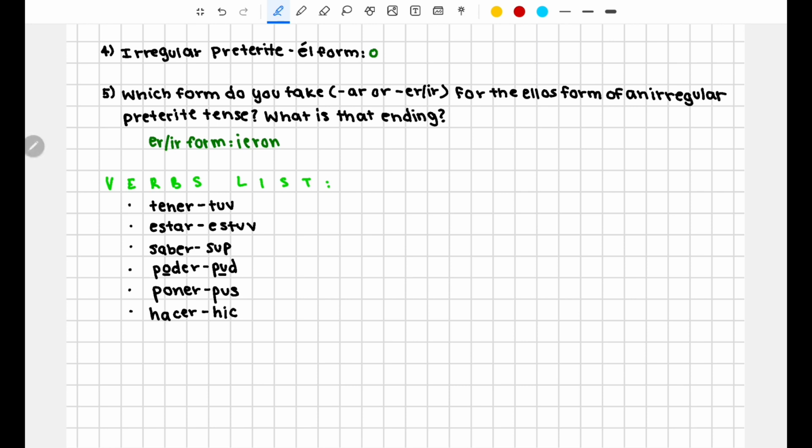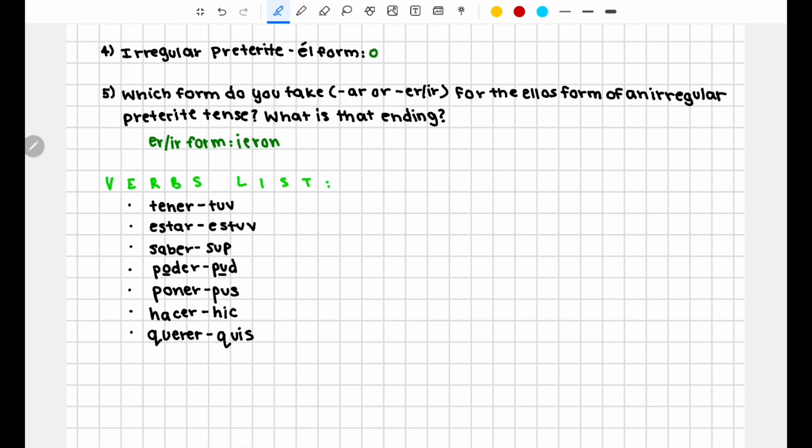Hacer, which means to make, is hic, H-I-C, although that one gets a little bit more irregular in the él, ella, usted form, but it still mostly follows the same formula, so that's why we're including it right now. Querer, to want, the stem for that is quis.